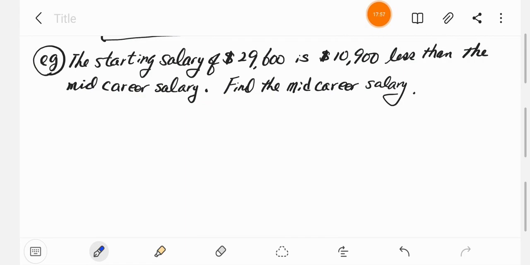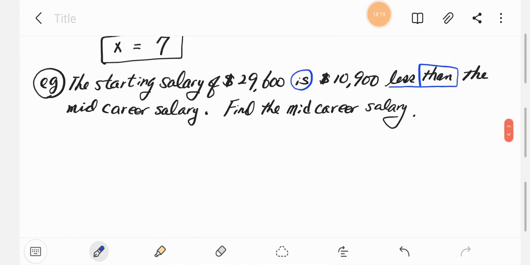Okay, the starting salary is 29,600, and this salary is 10,900 less than the mid-career salary. All right, so let's convert this sentence into a mathematical expression. So here is the word is, so you can make it an equal sign, right?